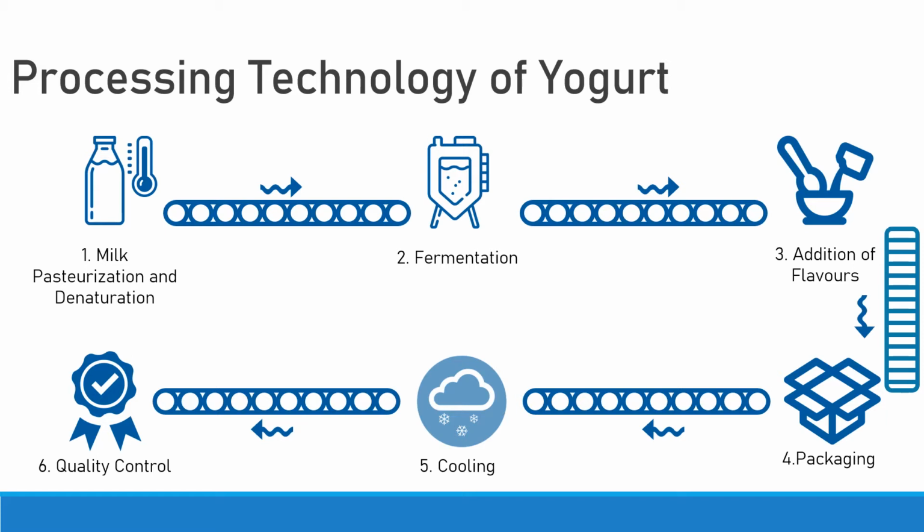Then the next step is fermentation. In this step, we use cultures such as Streptococcus thermophilus, Lactobacillus delbrueckii subspecies, and other cultures. In fermentation, it produces lactic acid which makes the sour taste in yogurt.